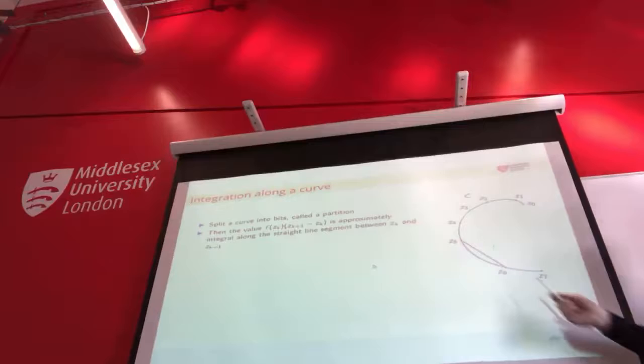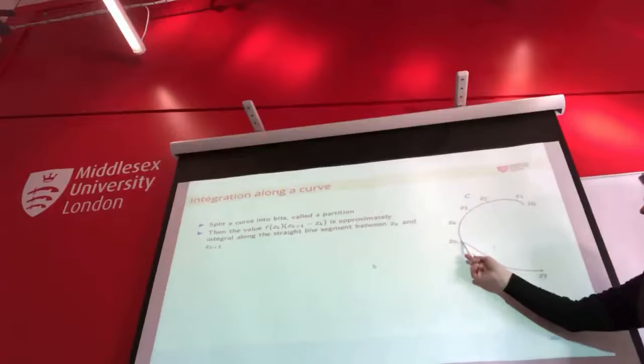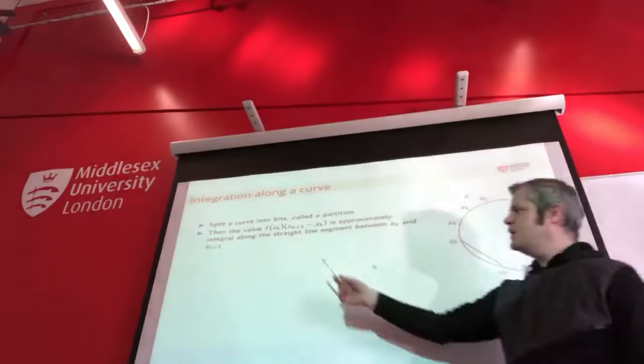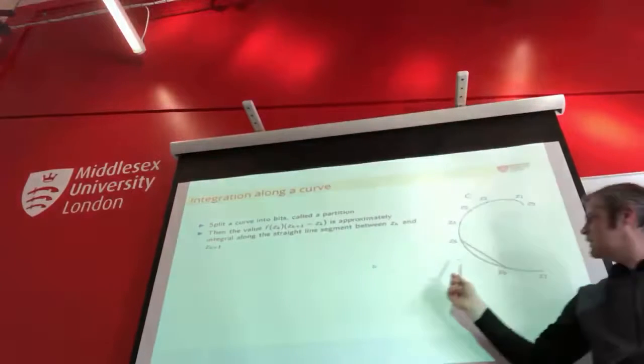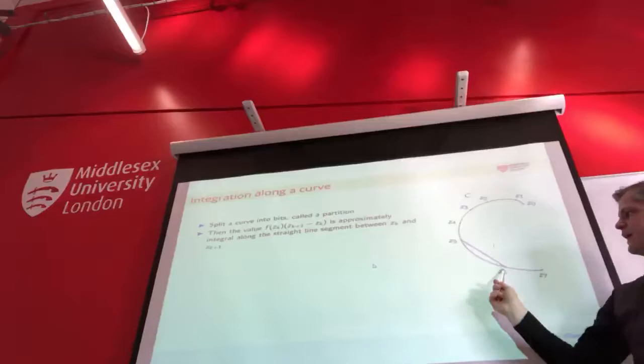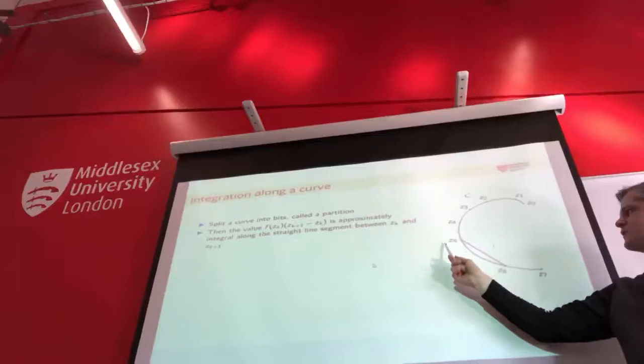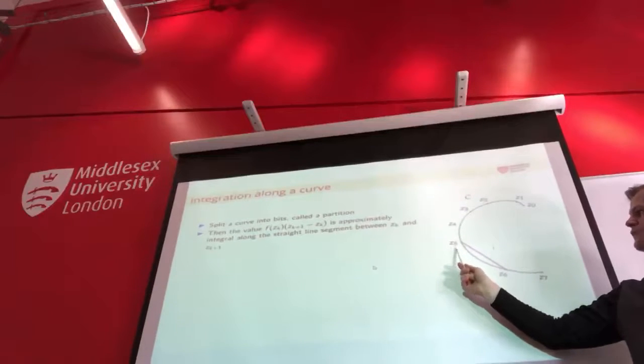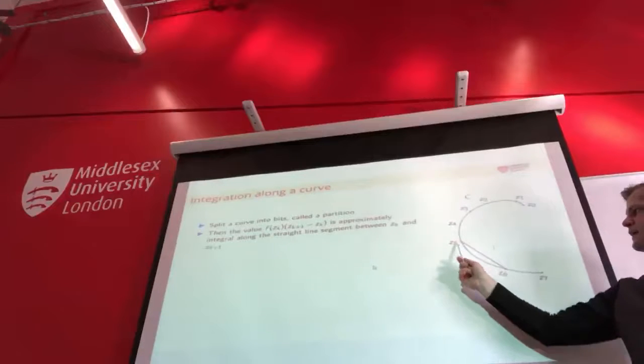Then between each of these points, you take the value of the function at, say, the first point, and multiply it by the next point minus the first point. So the term here would be f of z5 times z6 minus z5.